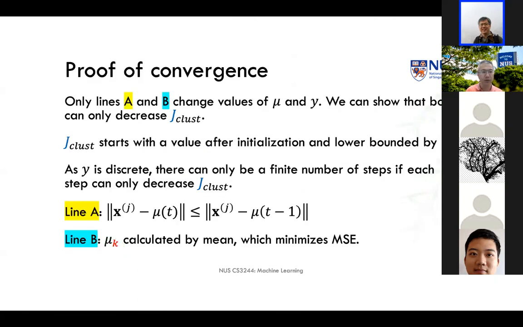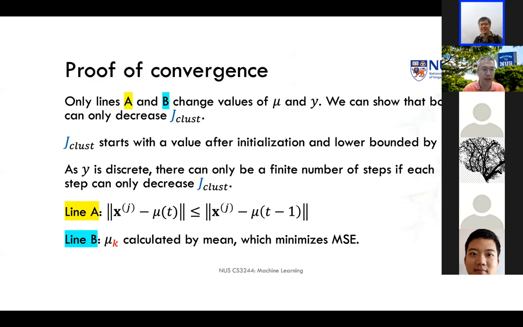We can actually show very easily, and I won't spend a lot of time on this because we are already past the hour mark, that these 2 steps, the cluster membership step and the recomputation of the mean step, have to converge.